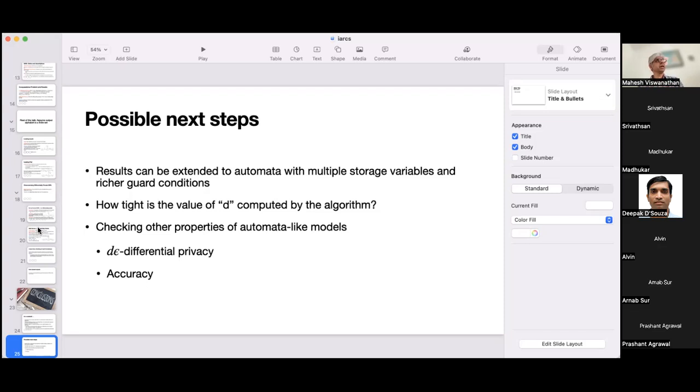No, I'm sort of getting confused. So basically what you want to prove, right? What you want to prove is I fix the value of D, and I want to prove that the algorithm is D epsilon differentially private for all values of epsilon. So no matter what large number of D you give me, I need to prove that it's also differentially private when epsilon is really, really, really small.